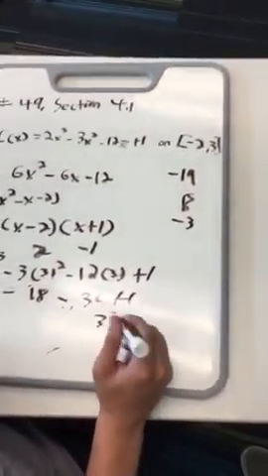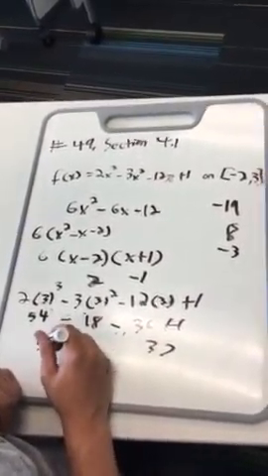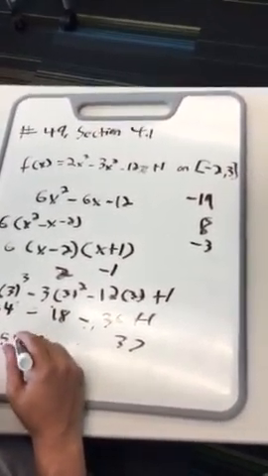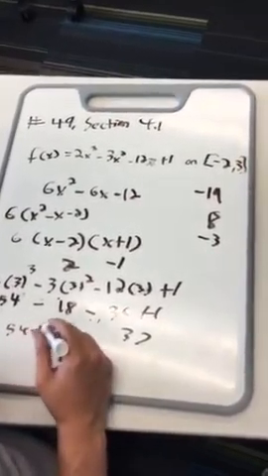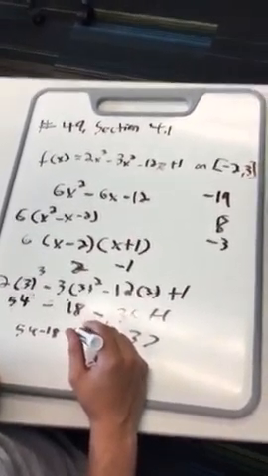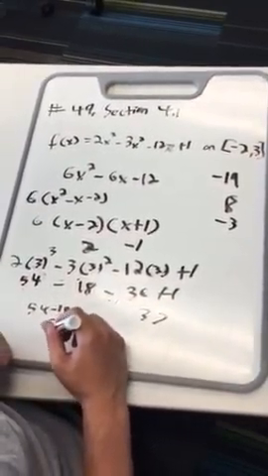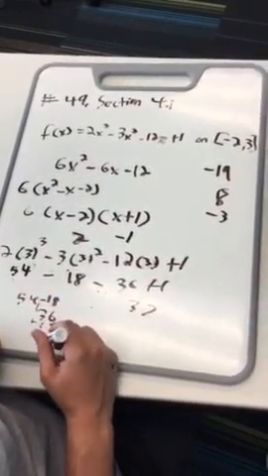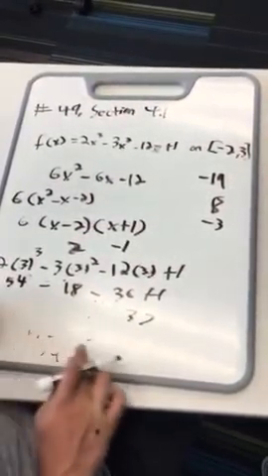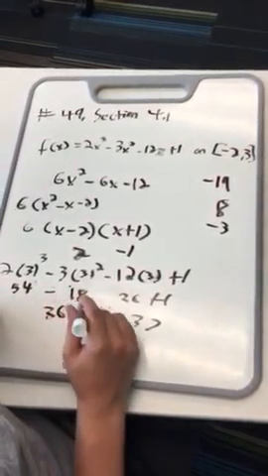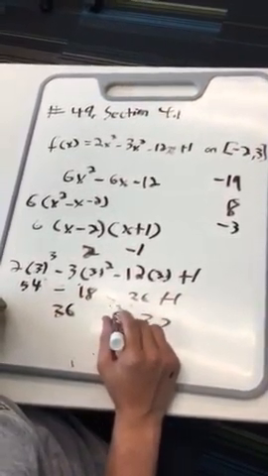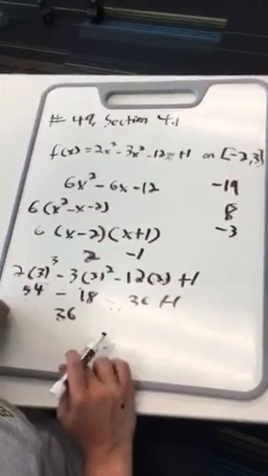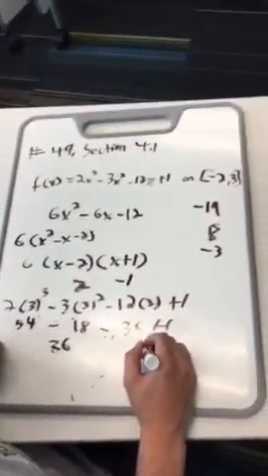We see 54 minus 18 would be 36. Let me just double check, 36 plus 18, we have 4, carry the 1, yes, 54. Okay, so that would be 36. Then minus 36, which would be 0, plus 1, which is 1. Okay, so that's our last value.